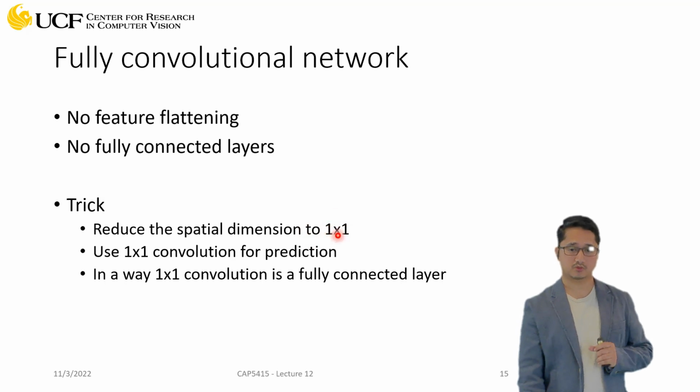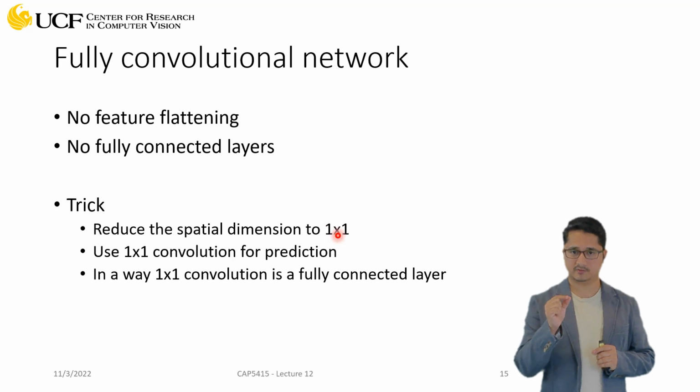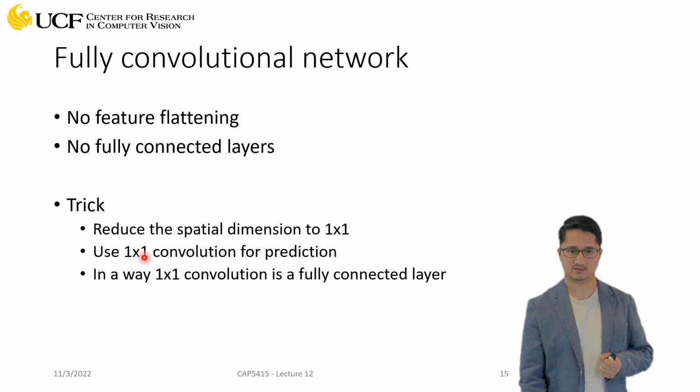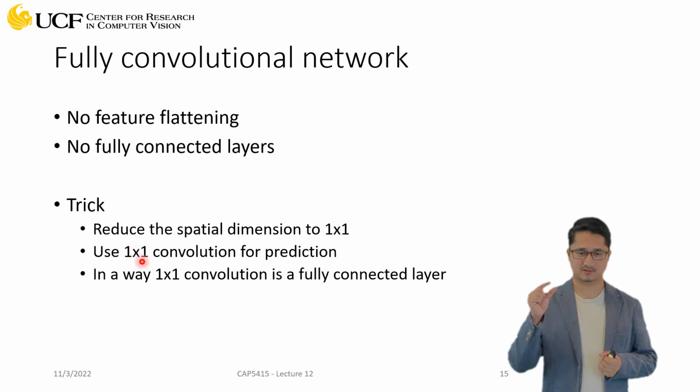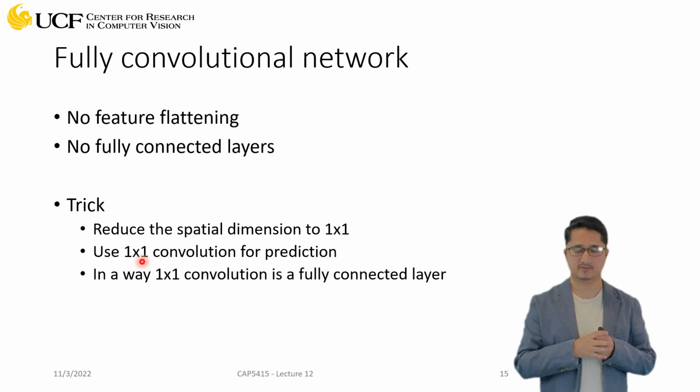then again, you don't have to have a fully connected layer at the end. For a 1 cross 1 feature map, what you can do is you can actually use a convolution whose shape is 1 cross 1. So it will be just one value. And of course, it will have some depth depending upon how many channels you have.